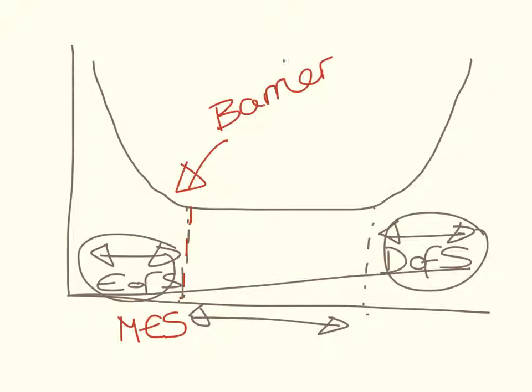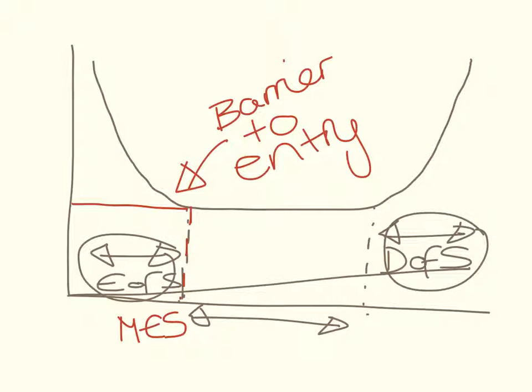So if you have a very high MES, it means that your firm needs to be a certain size to be able to compete with other firms that may have got to that very large size and therefore have low average costs.